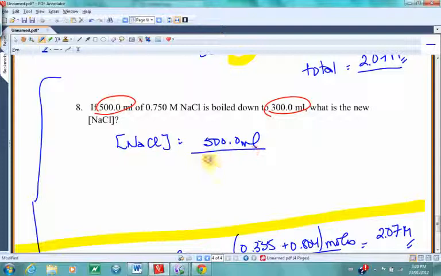Milliliters cancel out, and we get 1.25 molar.